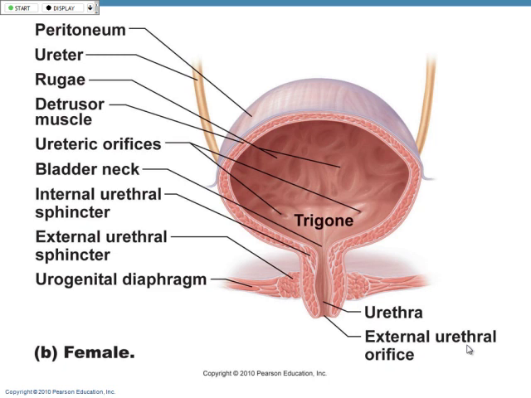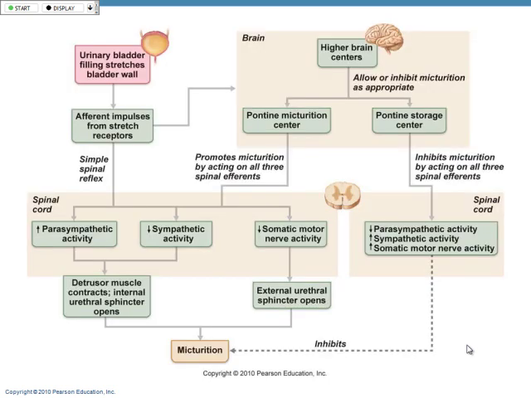So that's the urethra. Micturition is talked about next. And that is a fancy way of saying what? Urination. So we get messages, and we have control over sphincter muscles with the sympathetic and parasympathetic divisions of the autonomic nervous system.